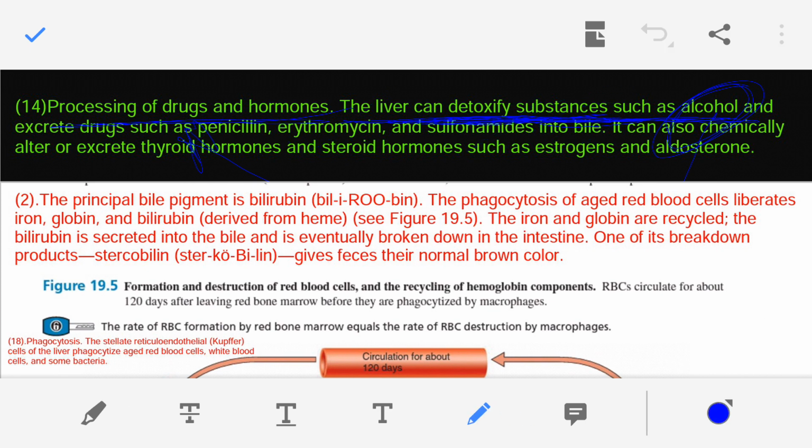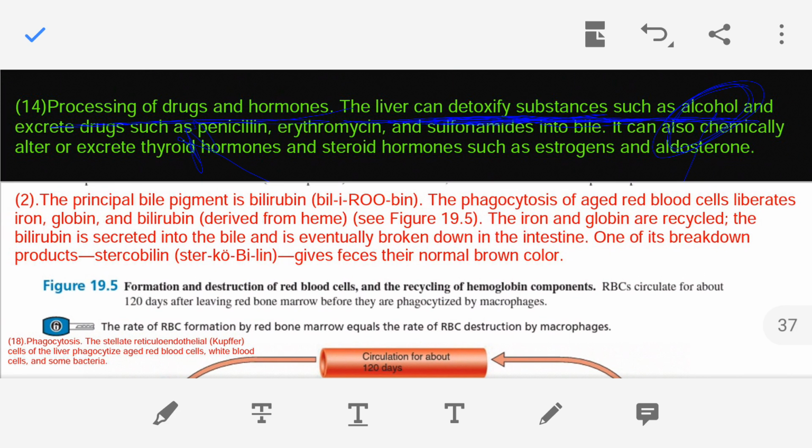Then liver can also alter, meaning change, or excrete. So liver is capable of altering the structure of the hormones. At the same time, it can also excrete the hormones, for example the thyroid hormone, steroid hormones, that is the estrogen and the aldosterone.